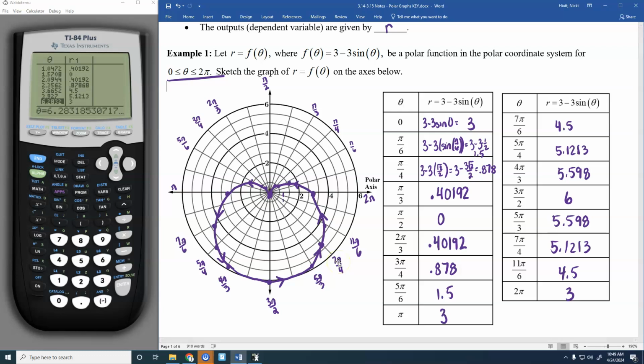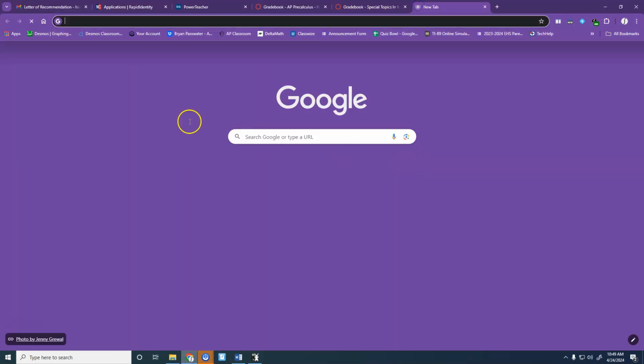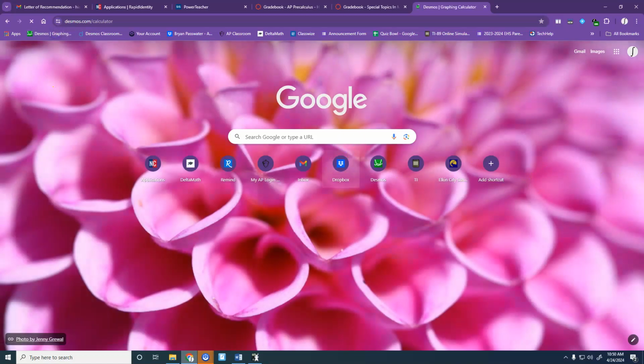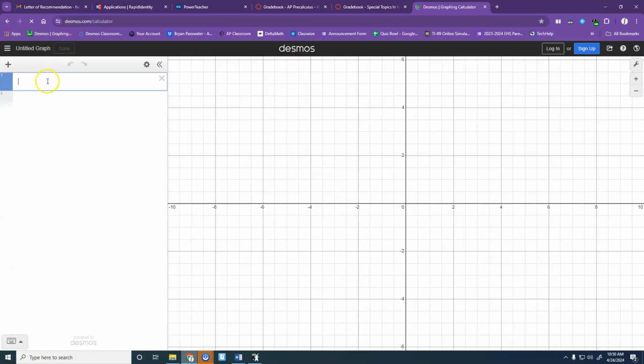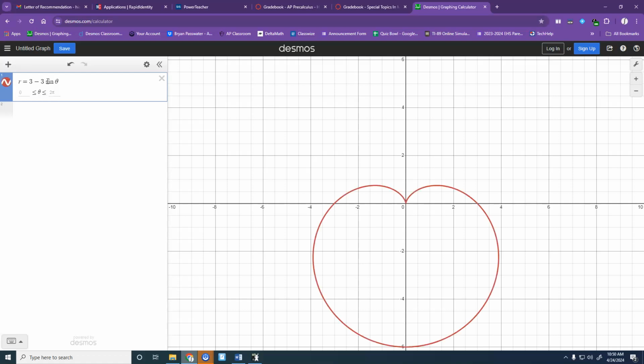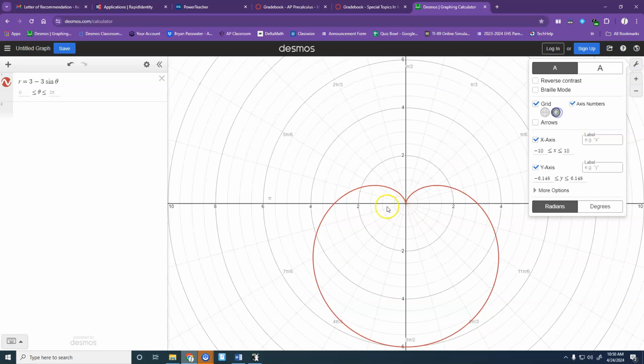Once again, you're not really allowed to use Desmos on the test, I think. But Desmos, if I do r equals 3 minus 3 sine theta, will graph in polar for you, and then you could change your background to polar.